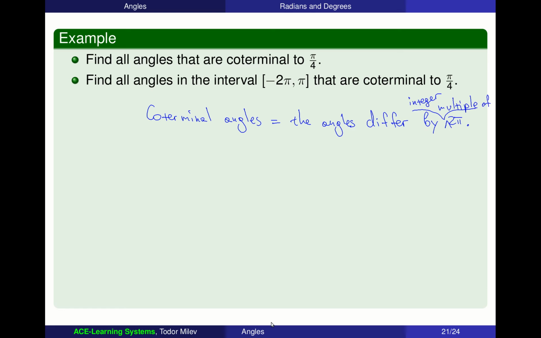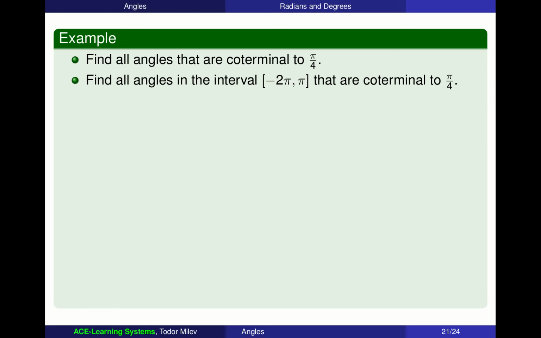Okay, so an even multiple of pi. Once again, the terminology for coterminal angles was such because two angles were coterminal if and only if their corresponding geometric angles coincided. Okay, so let's find all angles that are coterminal to pi over 4.